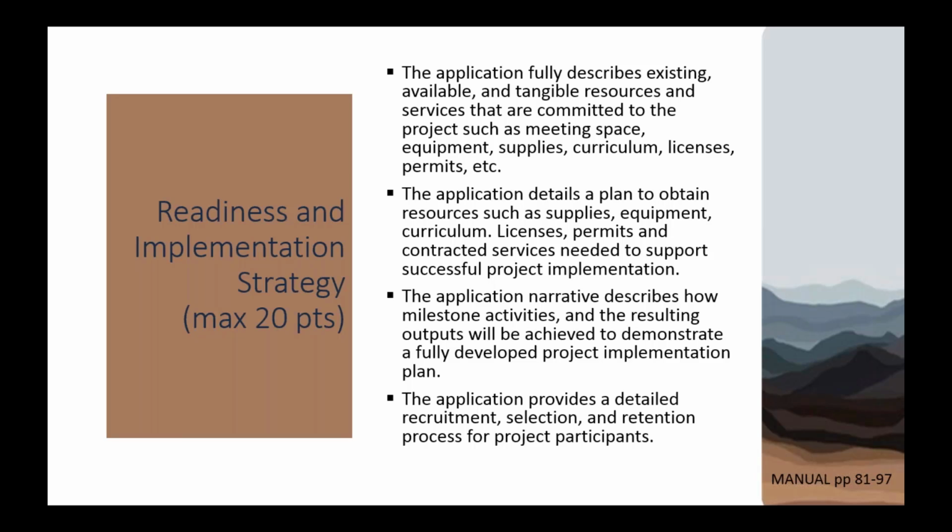The OWP and the readiness and implementation strategy are two different components that complement each other, not repeat each other. So don't copy and paste the OWP right into the readiness and implementation strategy. Your goal for the narrative should be to provide a complete picture of how the project will be implemented.